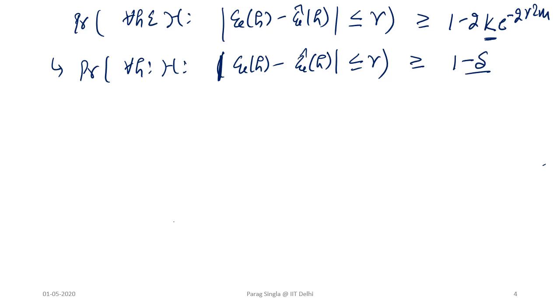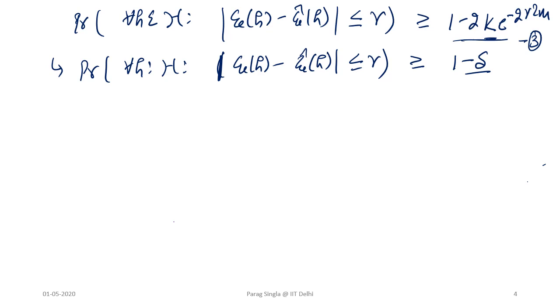So the idea is that if this equation on top, let me call it equation 3, holds, then I can take any quantity which is less than the RHS of this quantity, and it will still hold.